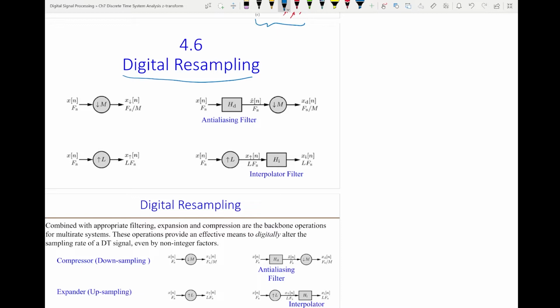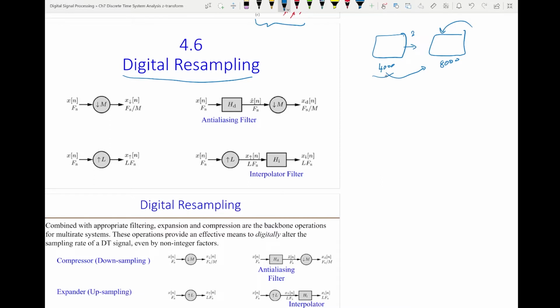So how will these two systems communicate with each other? Now you have to do digital resampling. So maybe that is 4,000 per second, this is 8,000 per second. Now you have to upsample the output of this signal by a factor of 2 so this can analyze the signal and communicate properly. Or it could be the opposite, you downsample it.